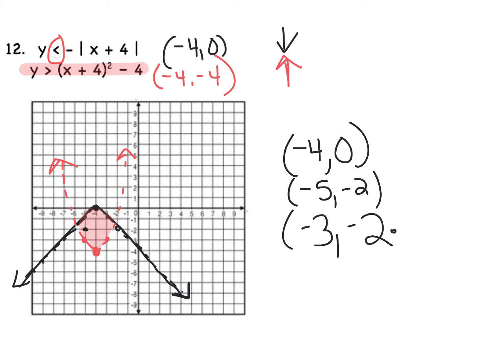Remember that there are decimals as well, so like (-3, -2.1) looks like one. But nothing on this curved part of the parabola would be a solution because this is dotted. This part is solid, so solutions would fall on this area. The intersection of the two would not be a solution because one's dotted. They both have to be solid for it to be a solution.